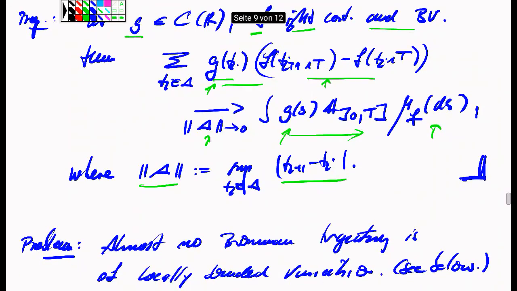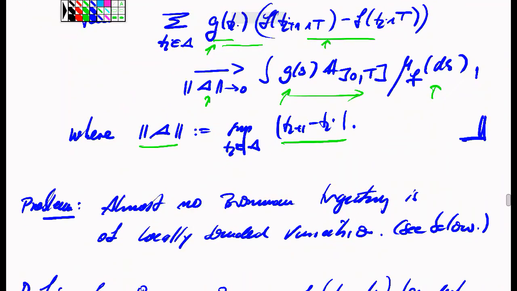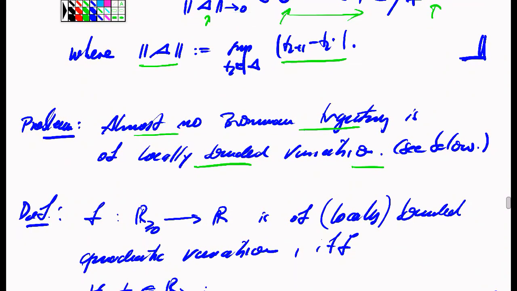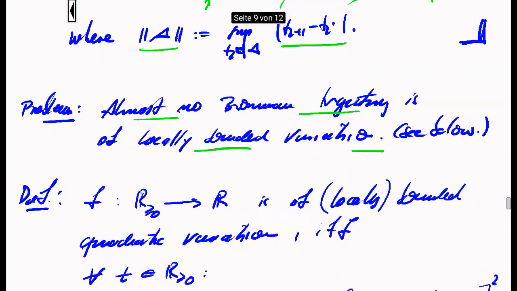Okay, so this sounds like good news, but the trouble is that even now the theory does not apply to the case of a Brownian trajectory, because almost no Brownian trajectory is of locally bounded variation, and we will show this with the next two arguments, which will be the conclusion of today's lecture.